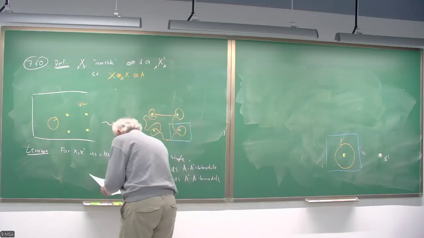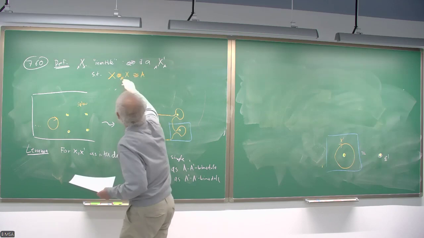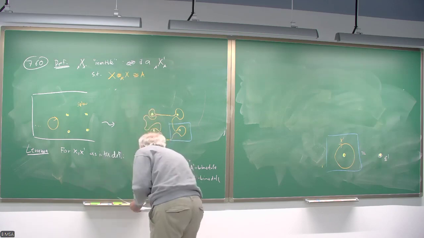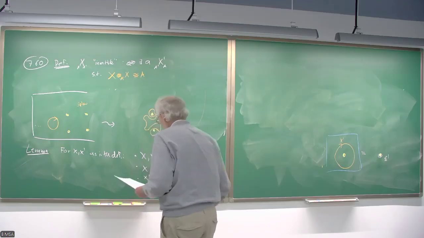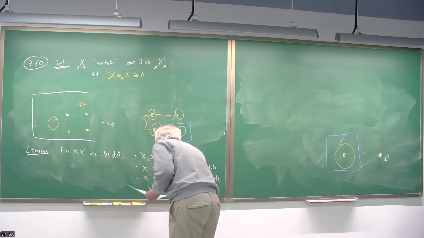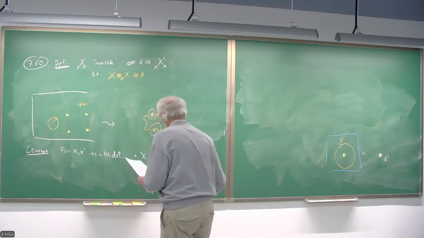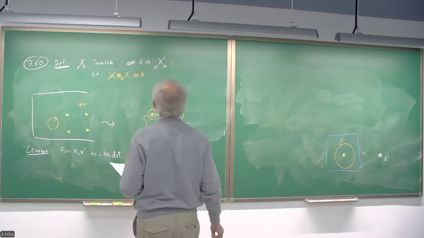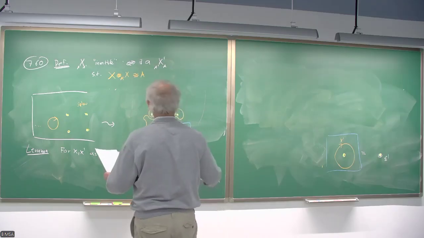And the analog of this here with opposite roles: the tensor product over A prime of X prime with X is isomorphic to A prime. You see, this doesn't make sense.